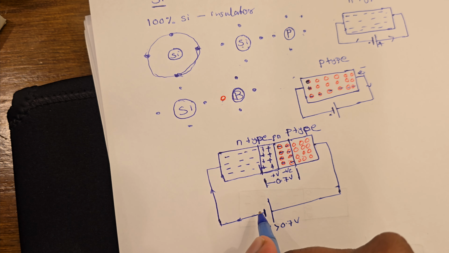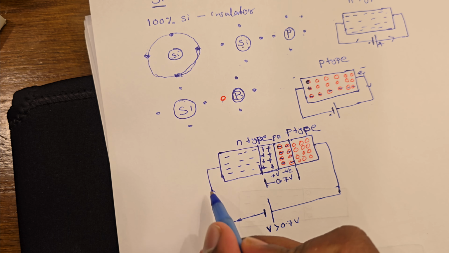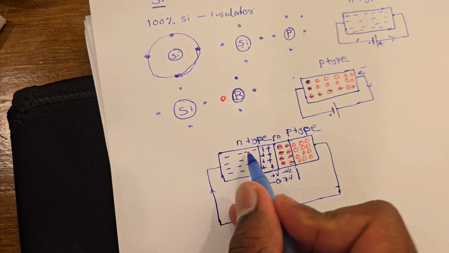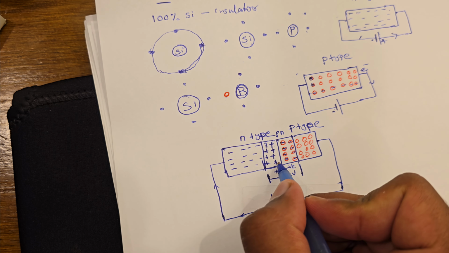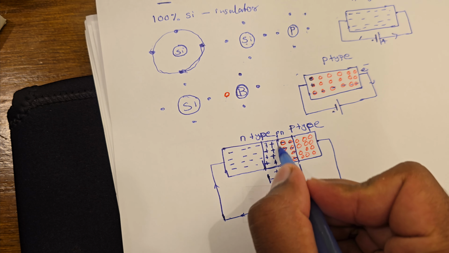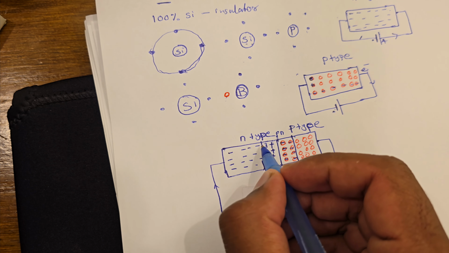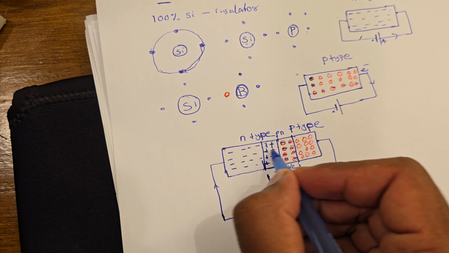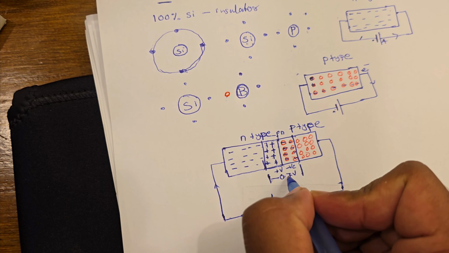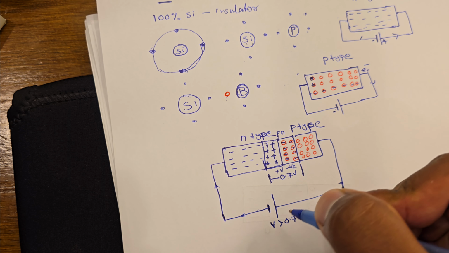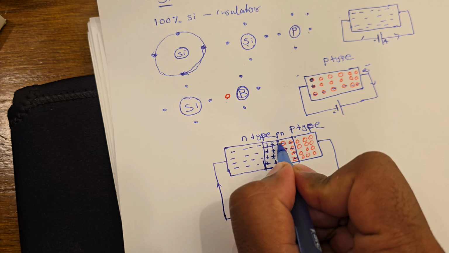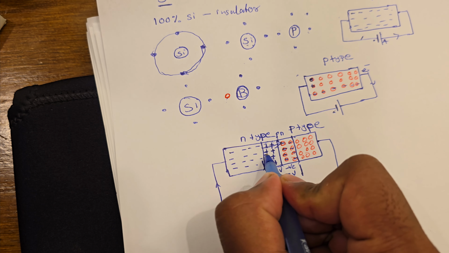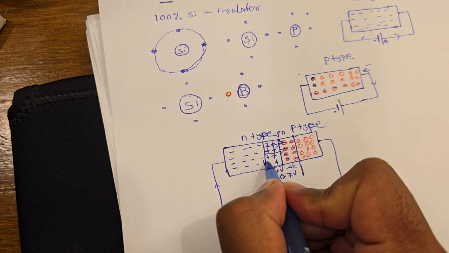So these electrons coming from here will push these free electrons towards the depletion region to the junction. So this electron will pass this depletion region. Even if there is 0.7 volt, our voltage is much higher than 0.7, so it will push the electron through the depletion region to the junction.